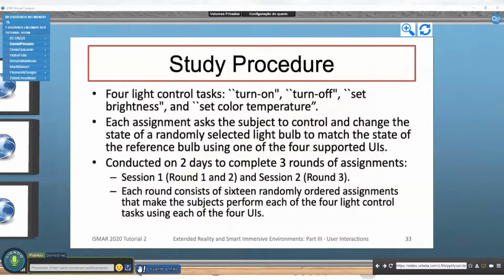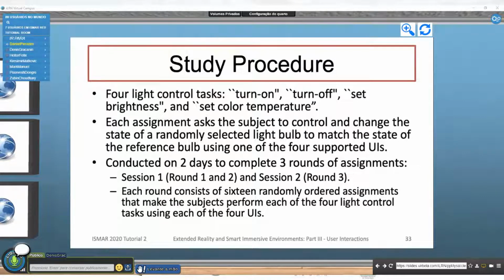In order to compare all those modalities, we identify 4 light control tasks: turn on, turn off, set brightness, and set color temperature. We gave the user various assignments, and each of those assignments asked the subject to control and change the state of a randomly selected light bulb to match the state of the reference bulb that we have seen.